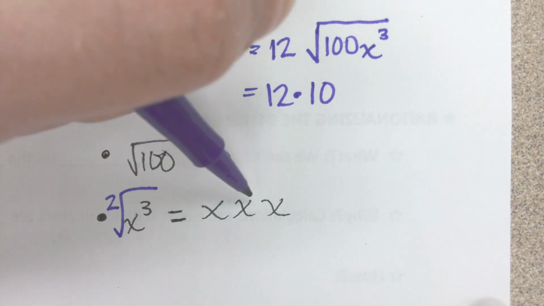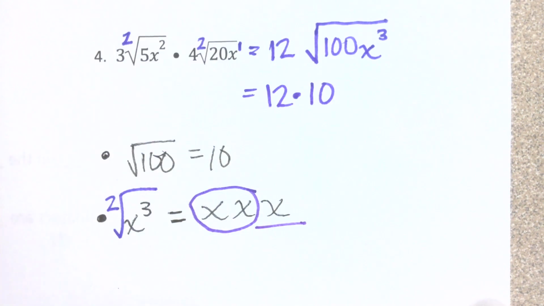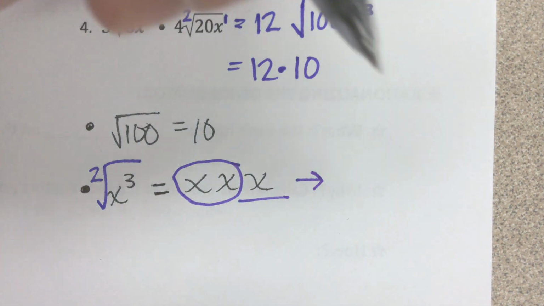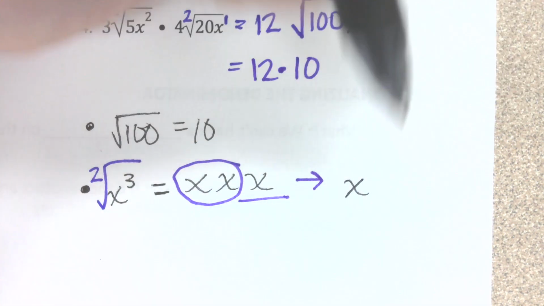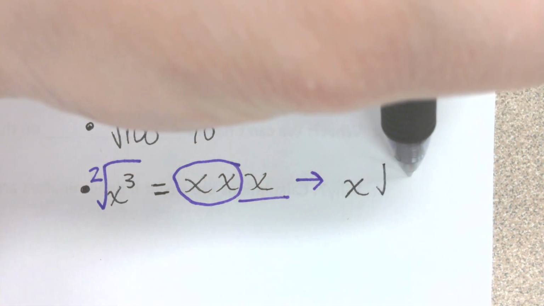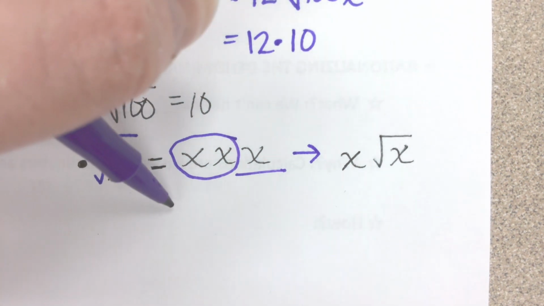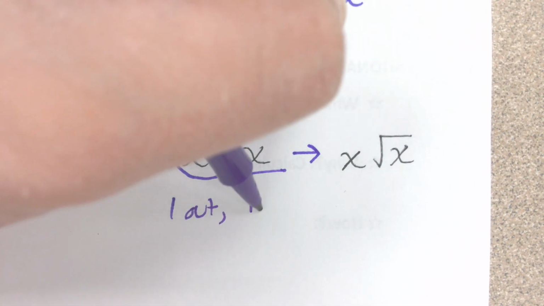Groups of 2, so I can make one group of 2 x's and I have 1 left over. So that means 1 x comes out and then 1 stays in. One out, 1 in.